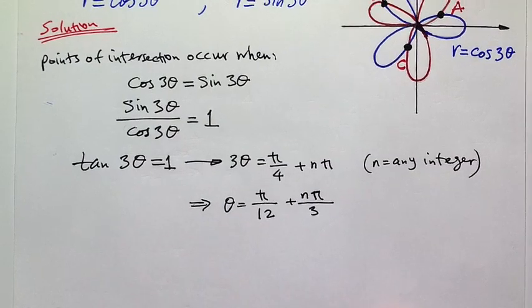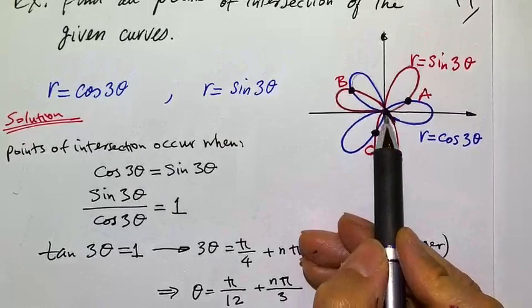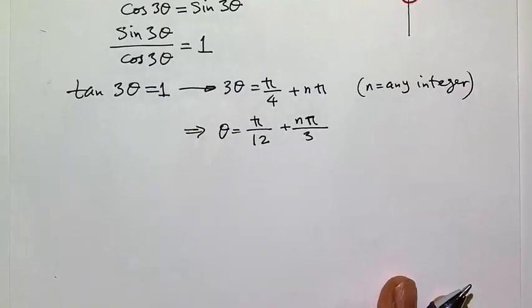So let me just add, because we don't want to forget about that, that the pole is also a point of intersection. I'm just going to make a note of it here.